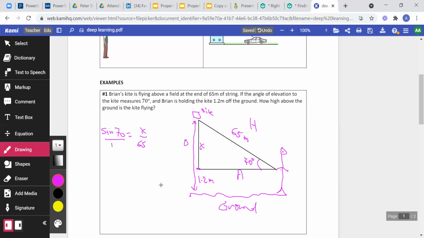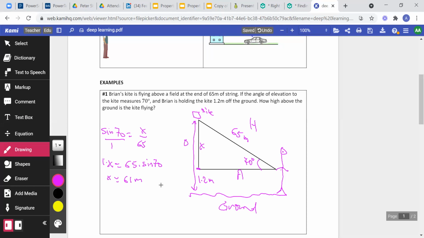If you write this over 1, by cross multiplication you have 1 times X equals 65 times sine 70. Then X, if you put this in your calculator, is going to be 61 meters.